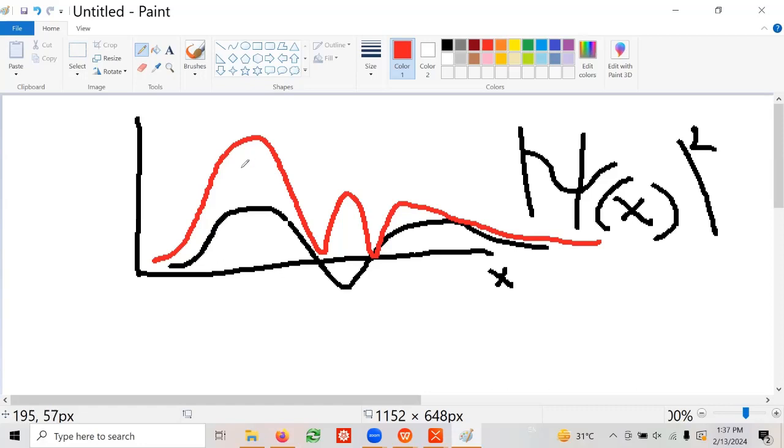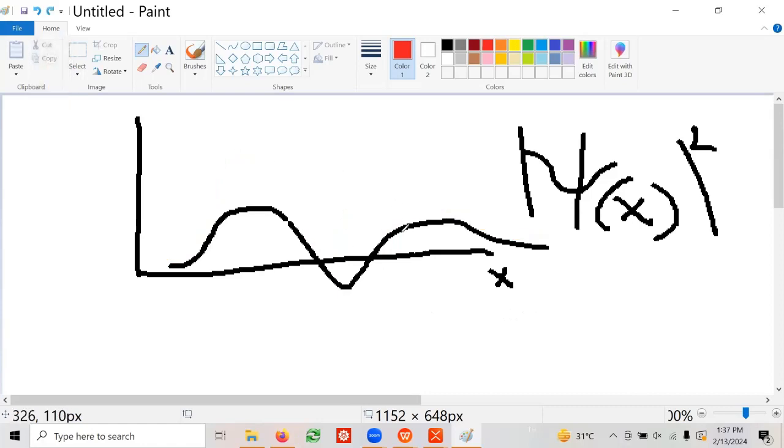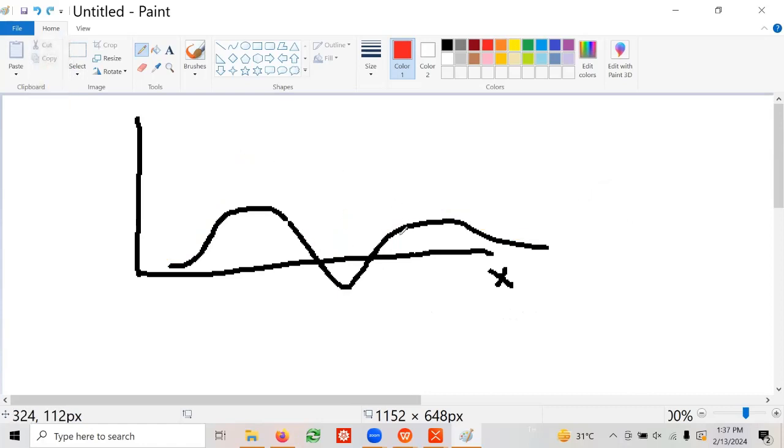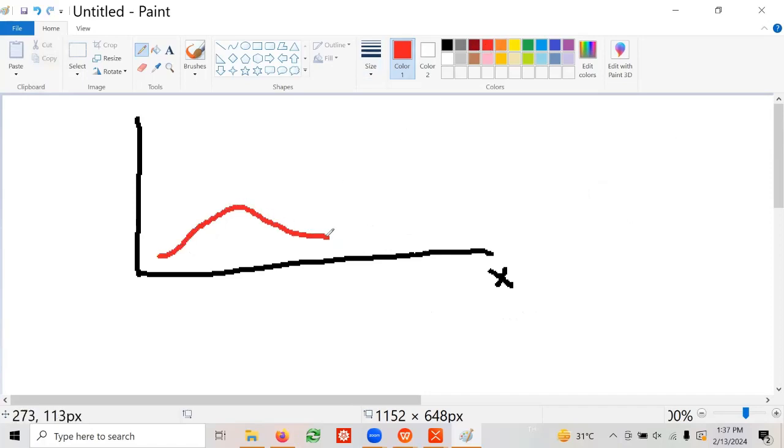Let me draw another one. The picture that I was showing you earlier about this particle moving to the right, in terms of the function itself, there's an underlying wave function that actually moves.